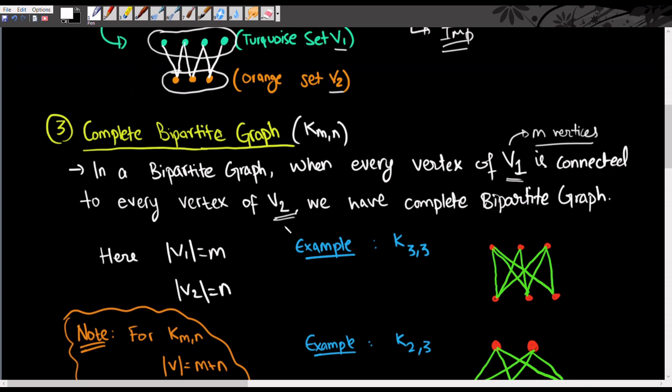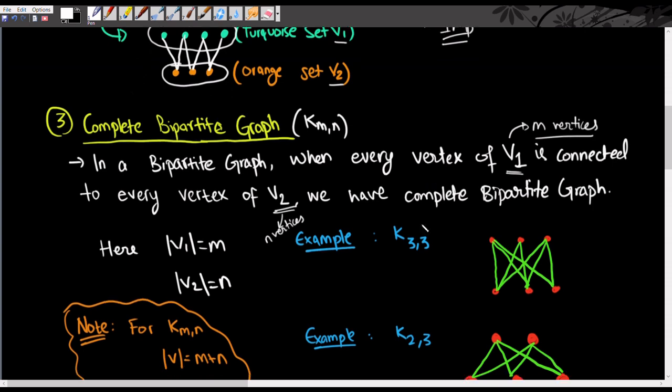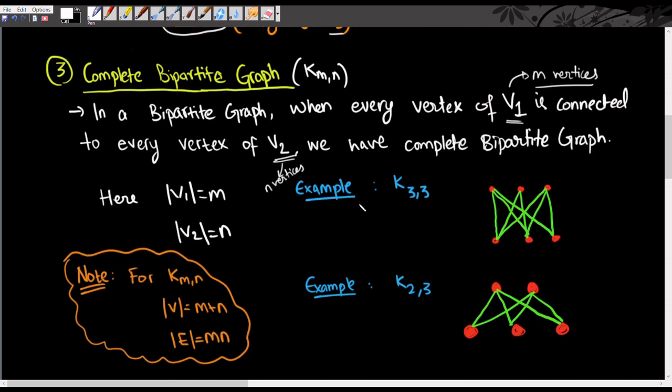V2, your second partition, has n vertices, and every vertex in V1 is connected to every vertex of V2. So the number of vertices in V1 is m, and in V2 is n. If you look on the right-hand side of the screen, you can see two examples.